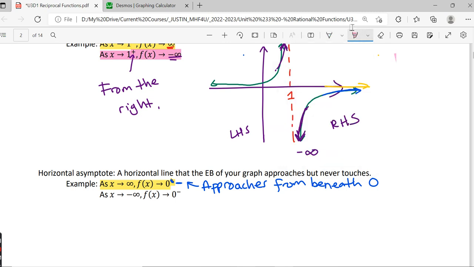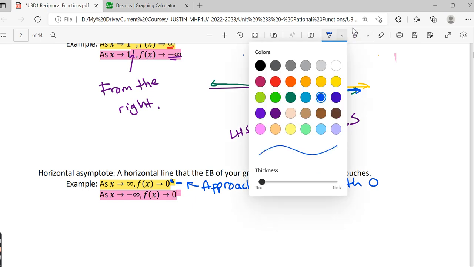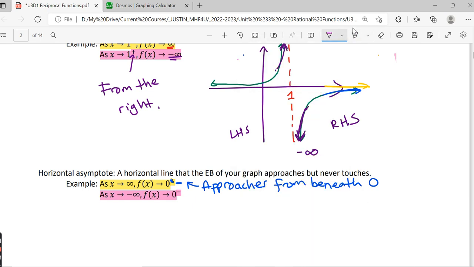Now let's take a look at this. As x approaches negative infinity, or in other words, as x becomes very, very small, f(x) approaches 0, and again I'm going to change this to a plus, which means approaches 0 from above.